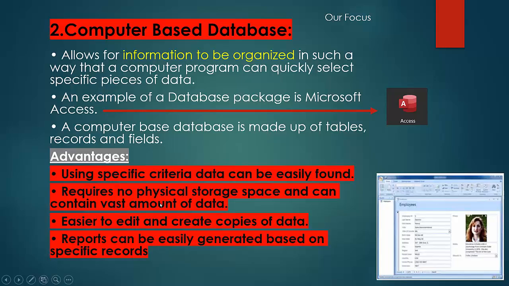It requires no physical storage space and can contain a vast amount of data, because we are using a computer and software, which is a programmable computer application. We don't need space for this, just the storage of a computer. It's easier to edit and create copies of this data, of course, because we are using the computer and this application.